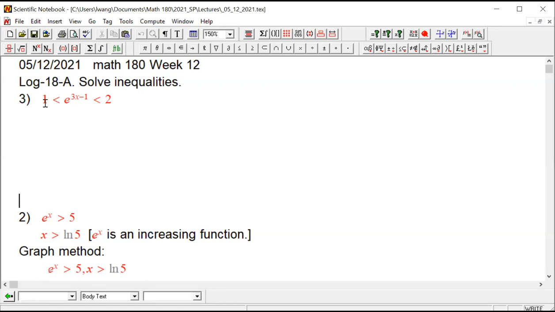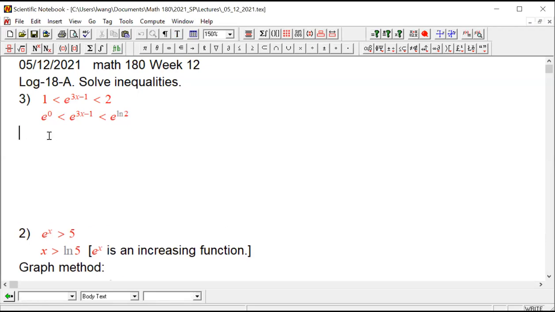For example, 1 is e to the power 0. How about 2? 2 is e to the power of ln 2. e to the power x is an increasing function.